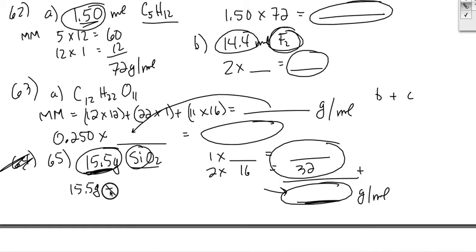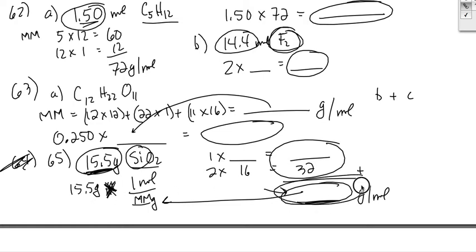Or in other words, you're multiplying by the 1 mole per the molar mass in grams. So you can take your 15.5 divided by the molar mass to find out how many moles you have. Okay, you can do that, and then you can do some others there to practice.